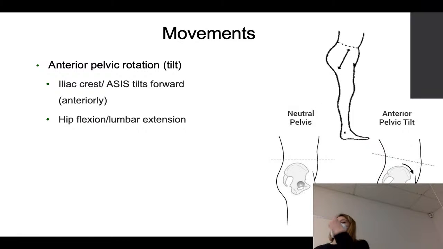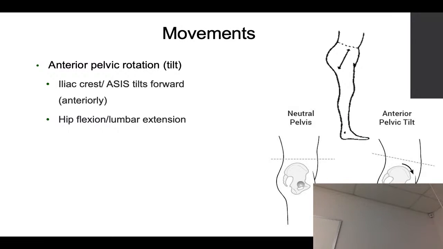Okay, so these movements aren't typically classified as major movements, but you have what are called pelvic rotations or tilts. So you have an anterior pelvic rotation or tilt, and this is where the iliac crest and your ASIS, which we know is the very tip anterior aspect of it, is going to tilt forward anteriorly.